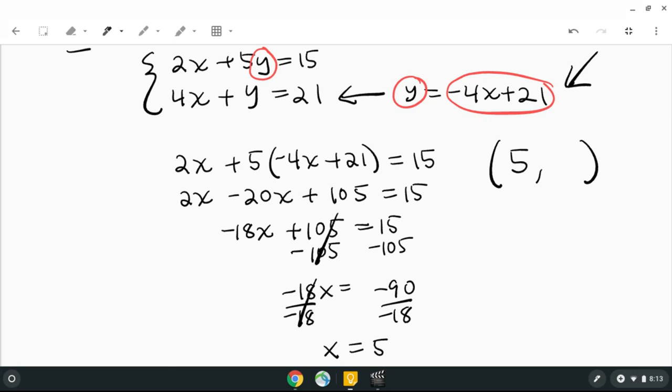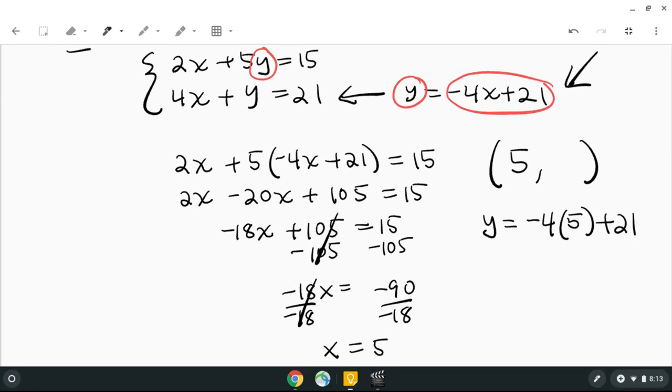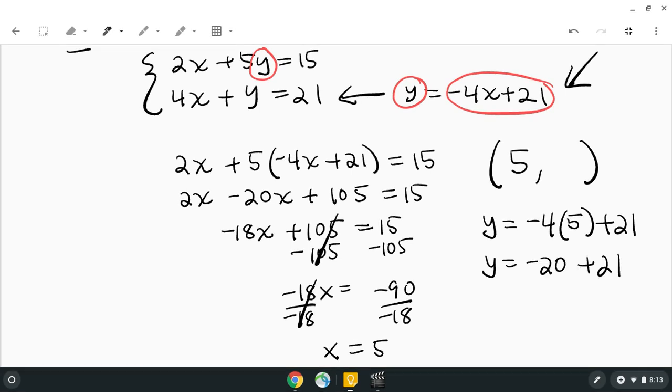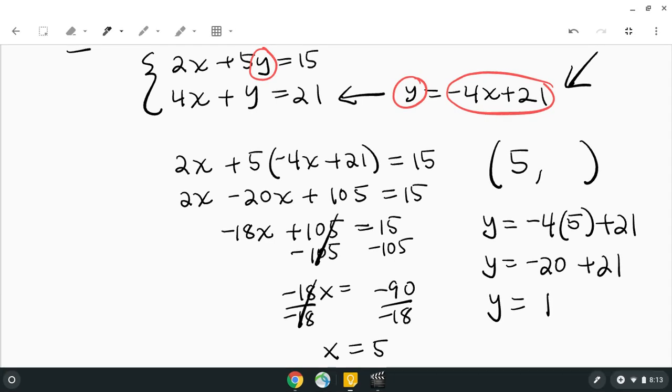So y equals -4 times x, and I see here that x is 5, plus 21. So y equals -20 plus 21. So y equals 1. So the answer is 5, 1.